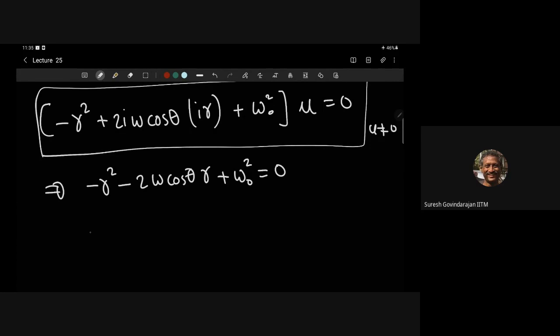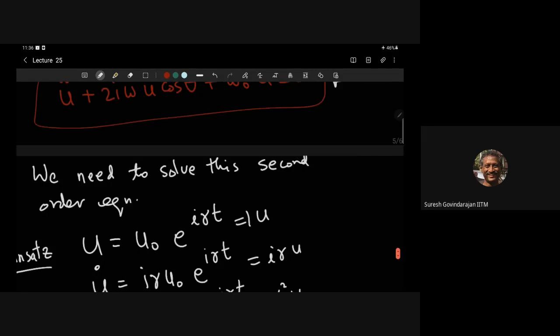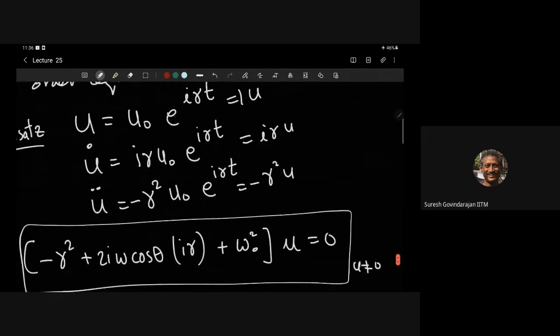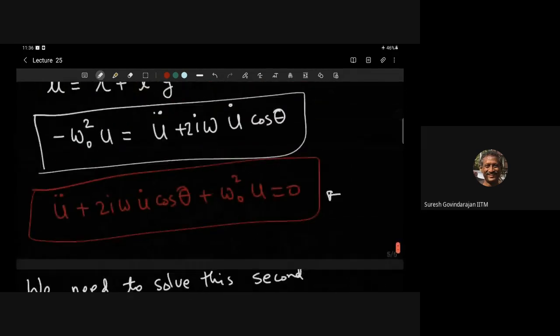So we can just write gamma equal to... this minus is correct, no? Was there a minus sign anywhere else? Okay, plus 2i. This is correct, no? Plus 2i.